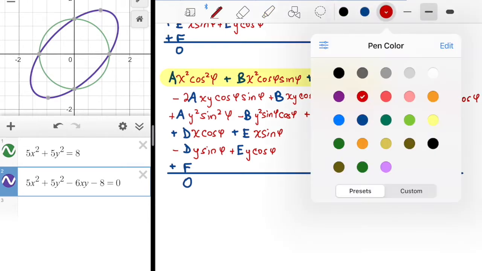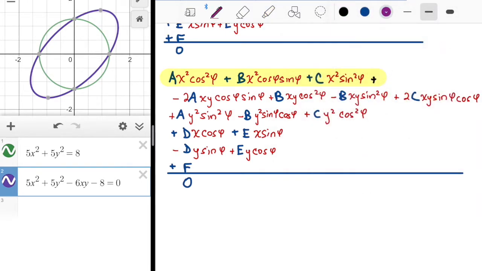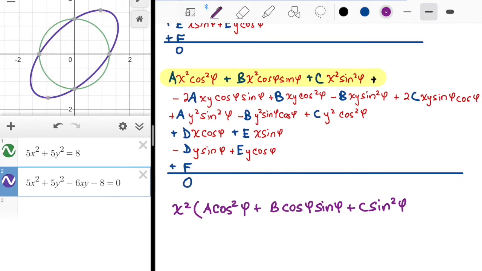All right, so I'm going to factor out. I'm going to go a different color here, mix things up. I'm going to pull out an x squared, and that's going to give us a cosine squared phi plus b cosine phi sine phi plus c sine squared phi.